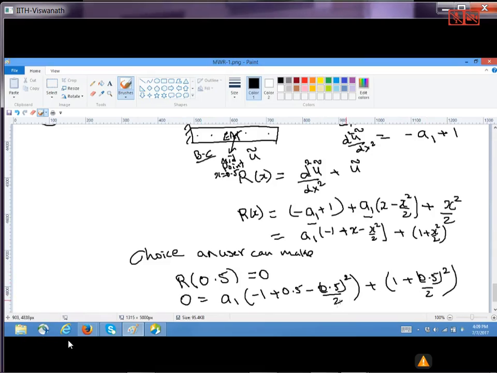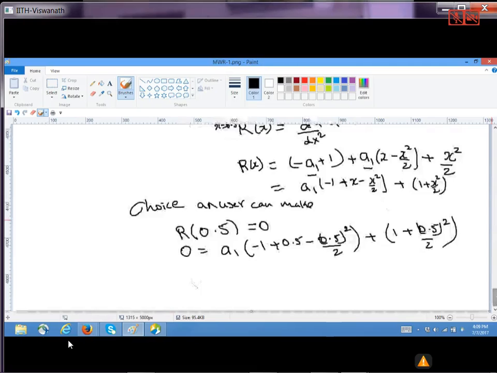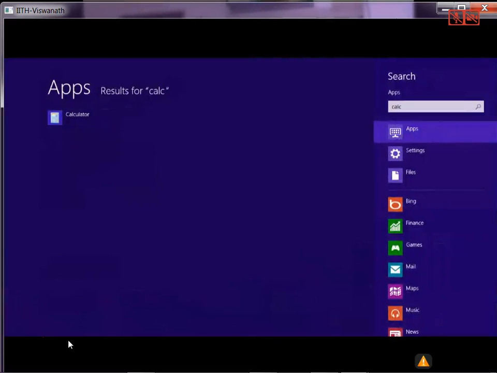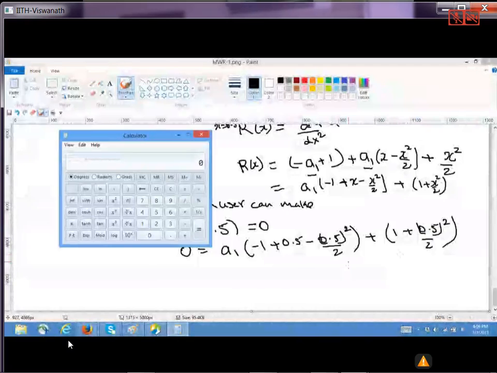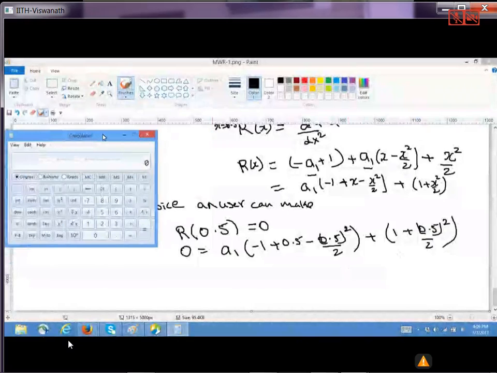That means let me use a calculator at this point of time. Minus 1 plus 0.5 minus 1 by 8, did I do it correct?